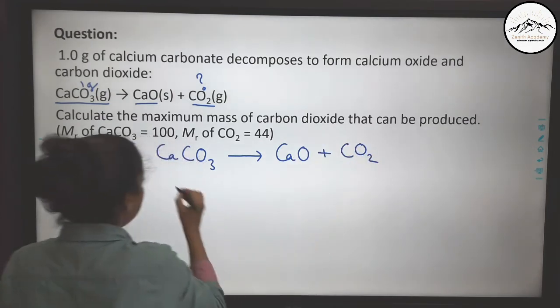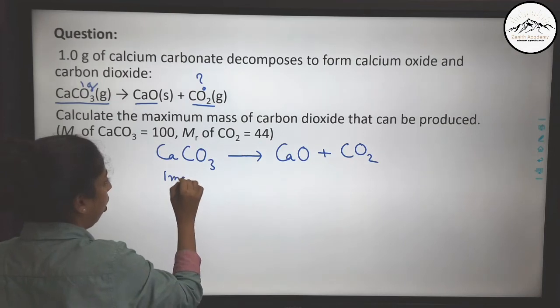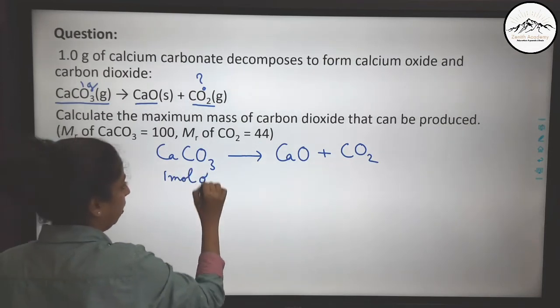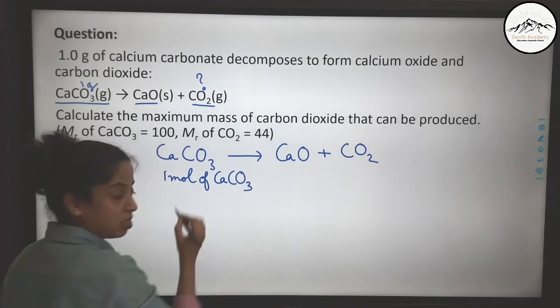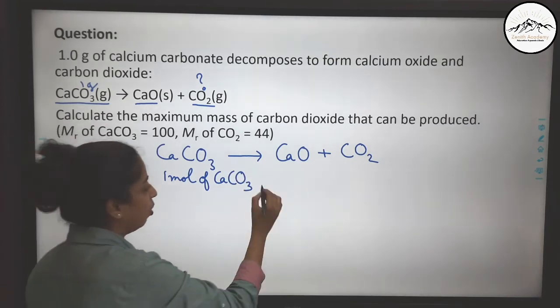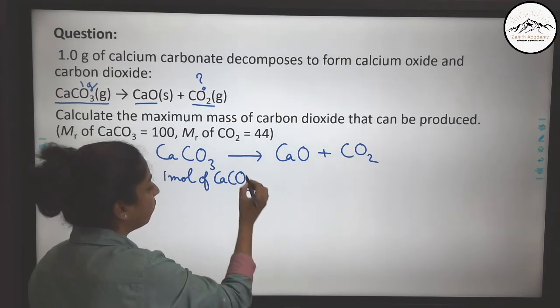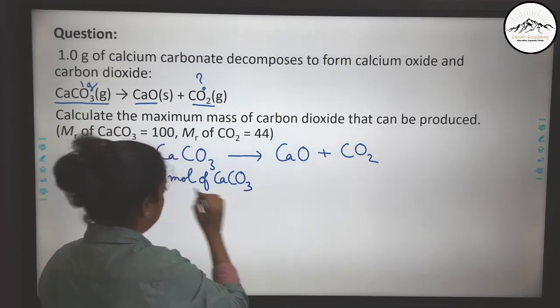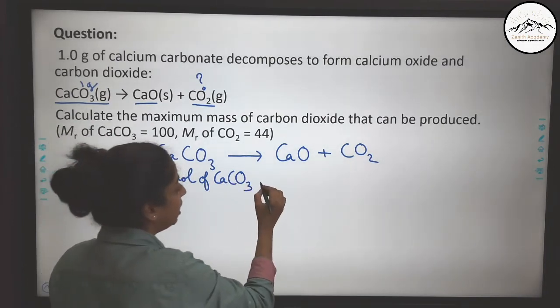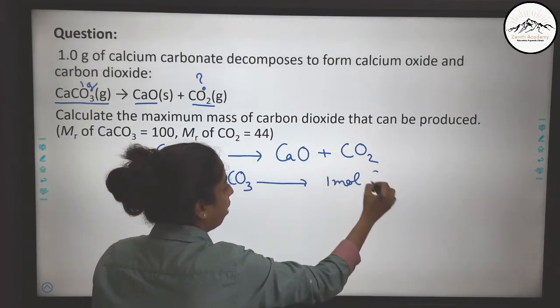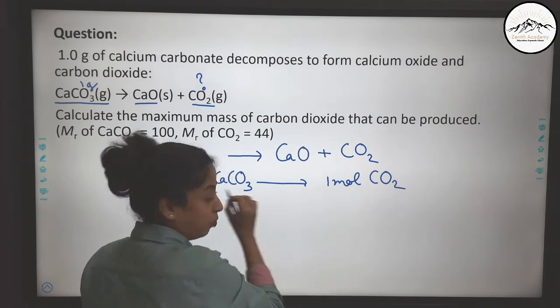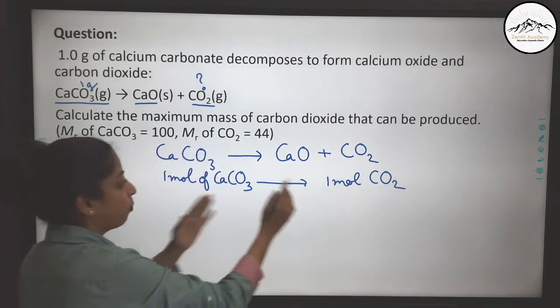So it is very clear that 1 mole of CaCO3 decomposes. You have to write the full sentence in the exam. I am just explaining you on board like this. So 1 mole of calcium carbonate decomposes to give 1 mole of carbon dioxide, right? You will have to write the full sentence, decomposes to give.